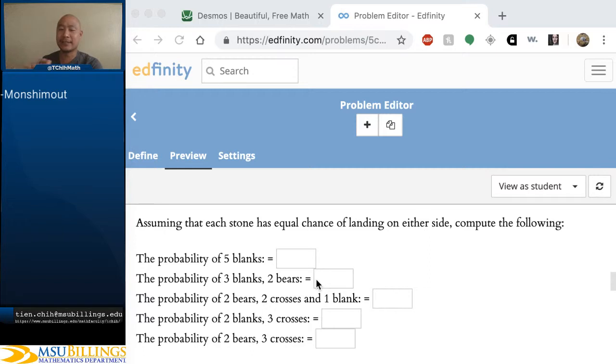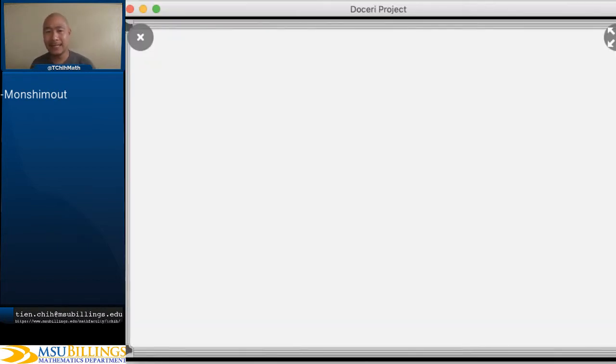The only difference is that there's two different types of heads, right? There's bear heads and there's cross heads. So let's see if thinking of things this way maybe helps us understand what's going on here. So we have these five plum stones, which we think of as coins.